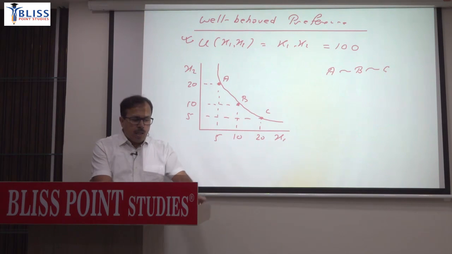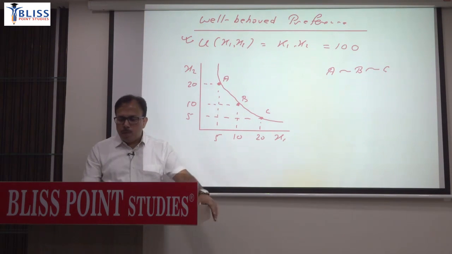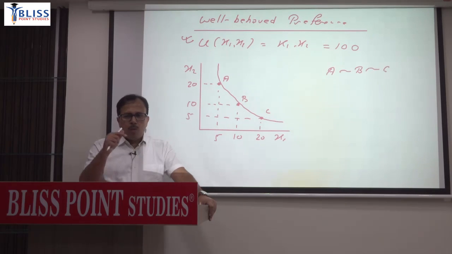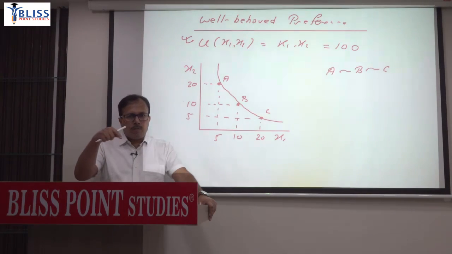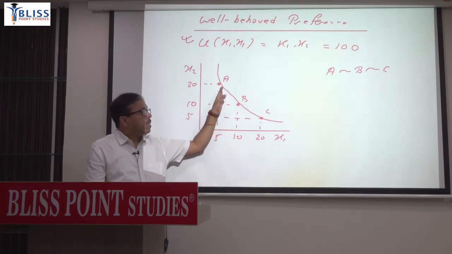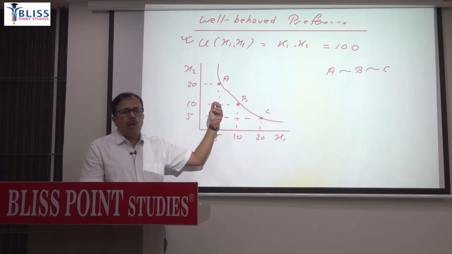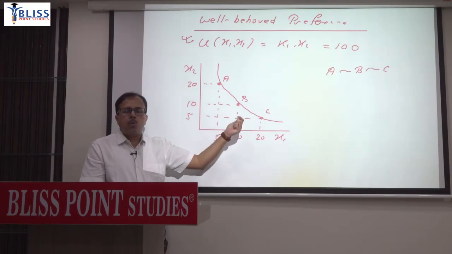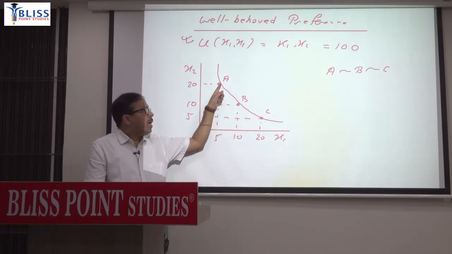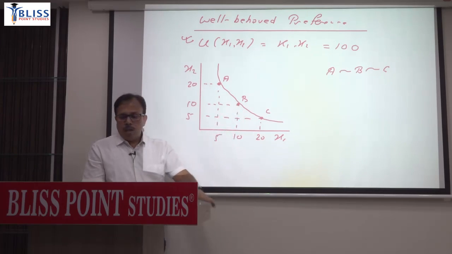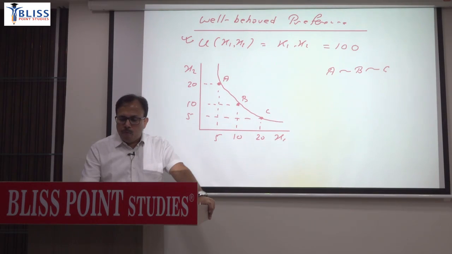So this is the assumption about the preferences. Remember whenever you draw a curve, in this example it is non-linear. It is non-linear, which means its slope decreases at different points, at point A, point B, point C. But can we calculate slope from this equation?